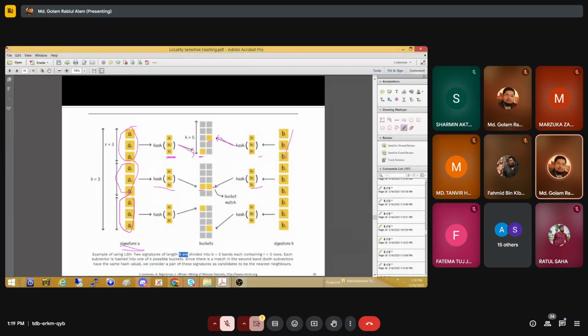Apply the hash function to another part, it will be bucketed here and there. But now we can see that actually this one is in the same bucket. So this part and this part are in the same bucket. That means we will only find the similarity between this one and that one. We will not compute the similarity between this value and this value. We will compute only the similarity between these two, because they are in the same bucket after the hashing.